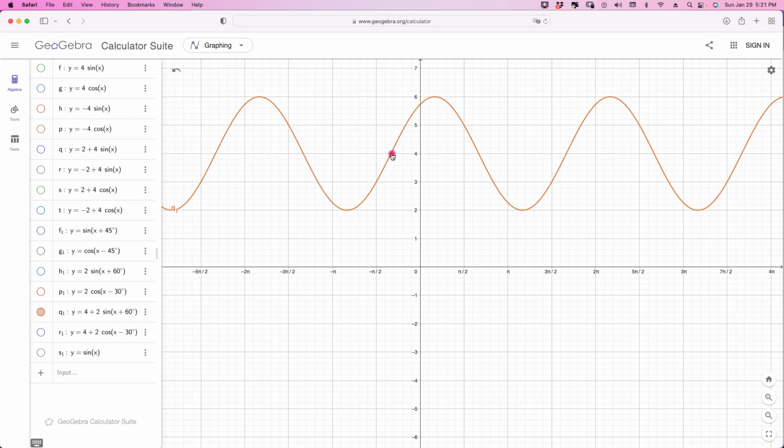Now, we can rewrite that as a cosine function by saying we have a midline of 4 with an amplitude of 2, but the amplitude, or the cosine, is going to be at x minus 30 degrees. So when I put that blue line on top, you see it's exactly the same line.